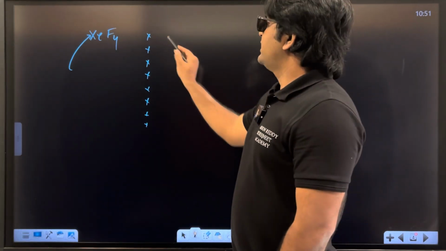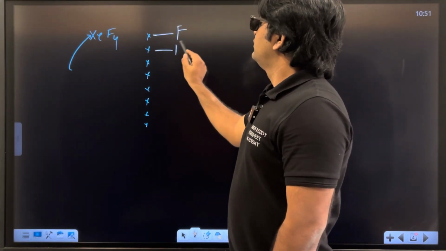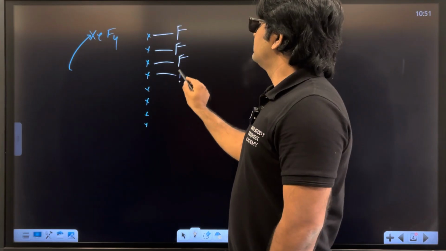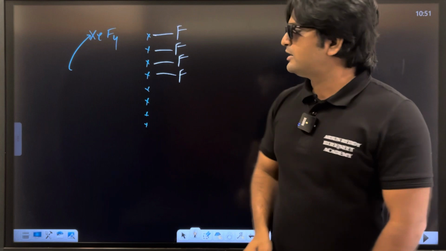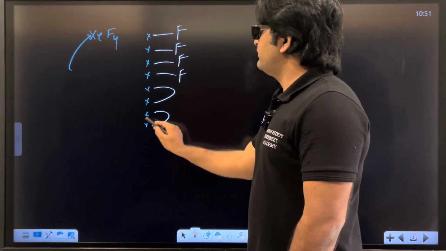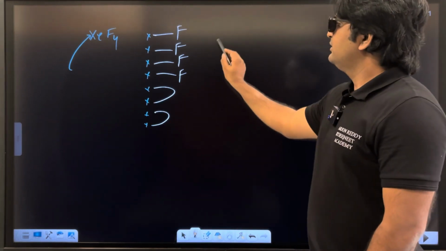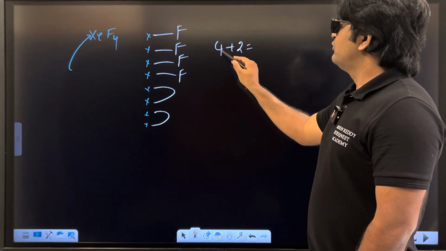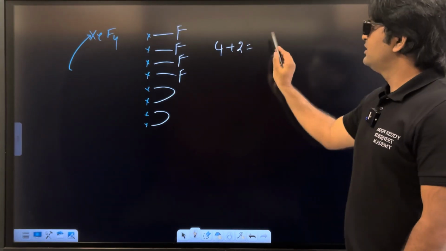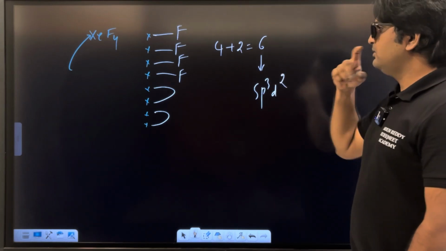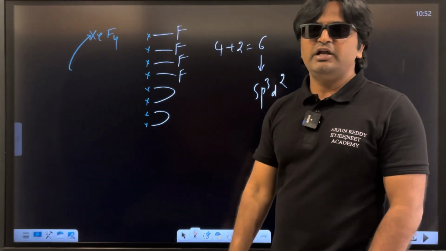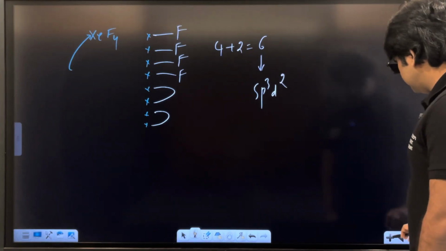Remember, for each monovalent atom we provide one electron. After that, how many lone pairs are there? 2 lone pairs. Then 4 sigma bonds plus 2 lone pairs is 6. Then the hybridization is sp3d2. Okay, right?